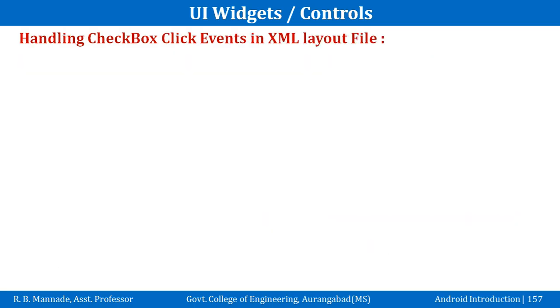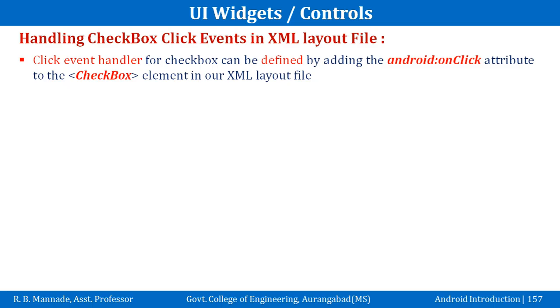Okay. Then how to handle a checkbox click event in the XML layout file? First of all, we see the click event in XML layout, and then we will go through how to implement a checkbox click event in the .java file.